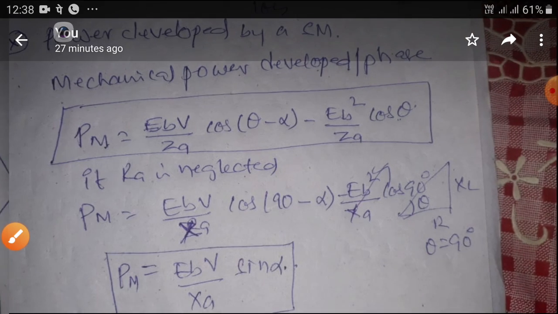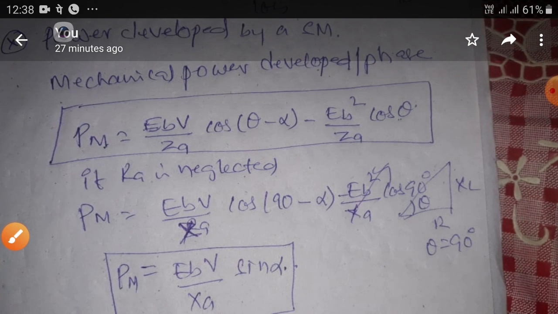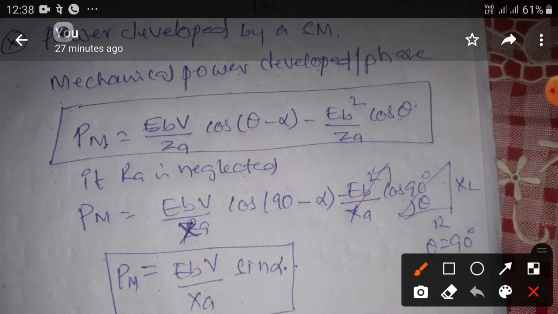Now let us see the power developed by the synchronous motor. For analysis, the mechanical power developed per phase, PM, is equal to EB V divided by ZS into cos of theta minus alpha, minus EB square by ZS into cos theta.